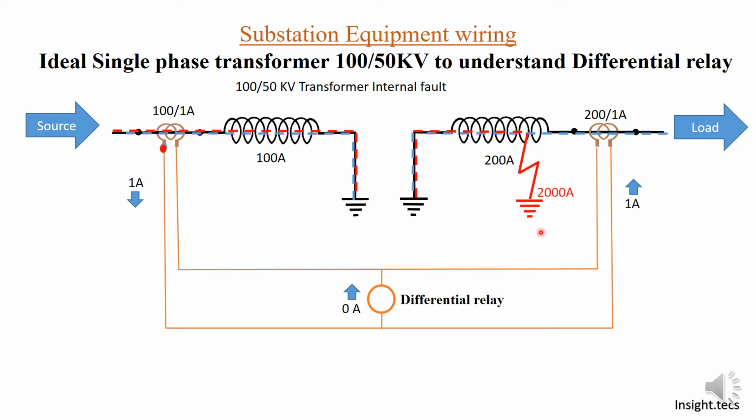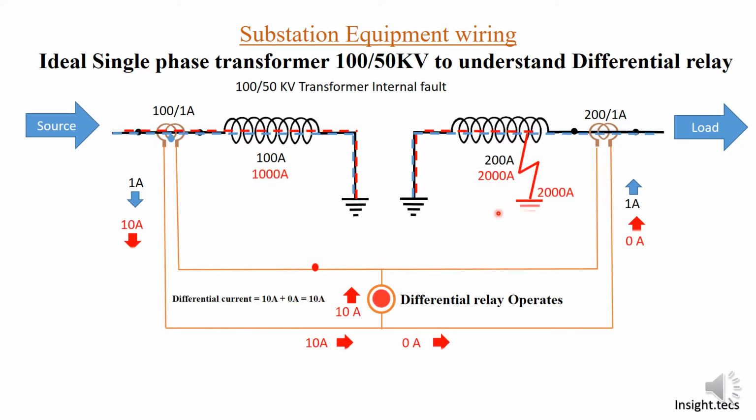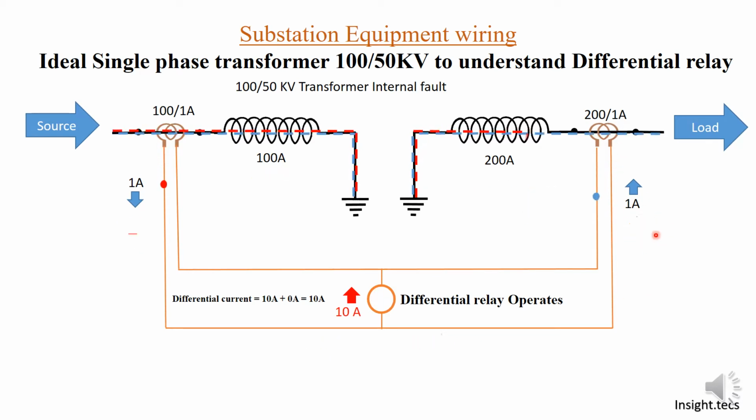Suppose there is an internal fault of 2000 amperes. Then there will be 1000 amperes on the primary side and 2000 amperes for the fault feeding on the secondary side. Because of the 1000 amperes here, 10 amperes will be induced, but this entire fault is being fed by the 2000 amperes, so no current passes through the secondary side CT; there is 0 amperes.